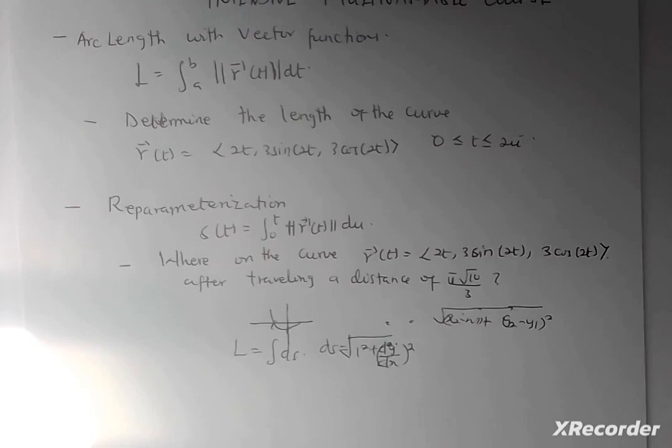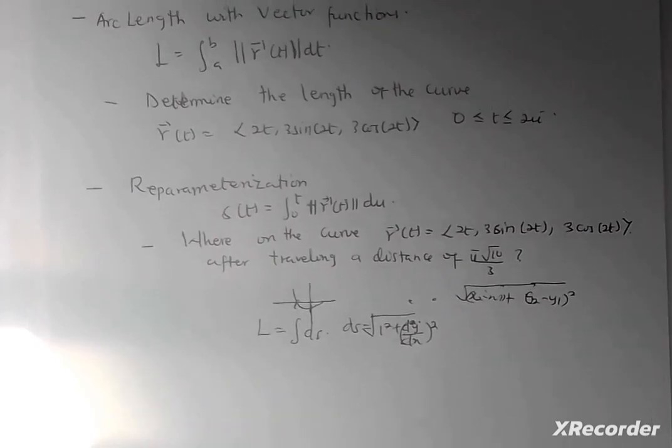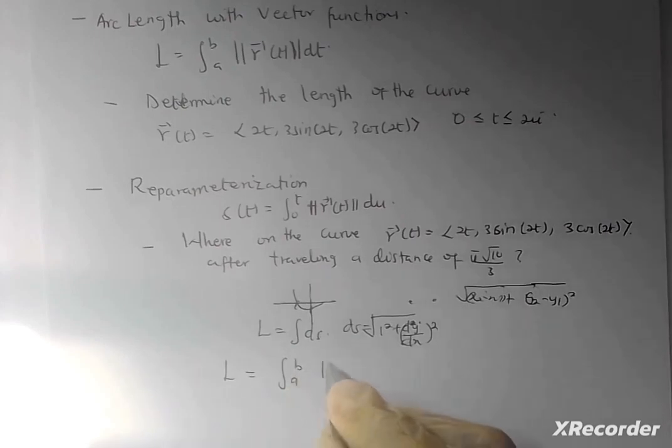In multivariable, we are going to apply a different principle here. As we are in the umbrella of vector functions, we are going to use vector functions in everything we do. So the formula in multivariable here is L is equal to the integral from a to b of the length of my derivative of the vector function r of t dt.